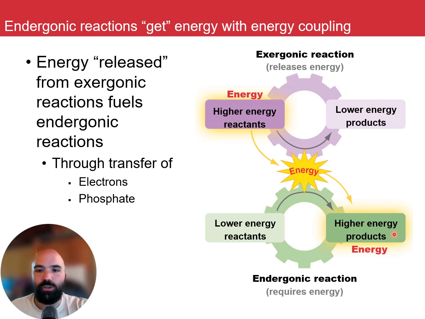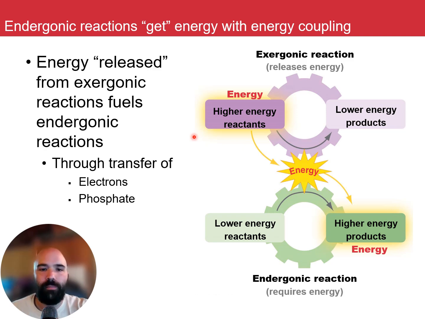Then these higher potential energy products can be used in an exergonic reaction. Lower energy products, energy is released, and we continue the cycle on and on and on, where all of these exergonic reactions are fueling the endergonic reactions, and then the energy we're storing with the endergonic reactions is used in the form of an exergonic reaction.